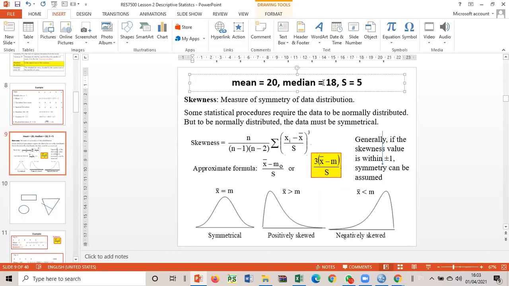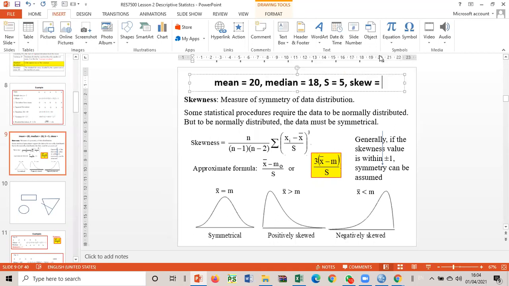20 minus 18, divided by 5. Calculate. Oh, sorry. 20 minus 18 is 2. 2 divided by 5, times 3.